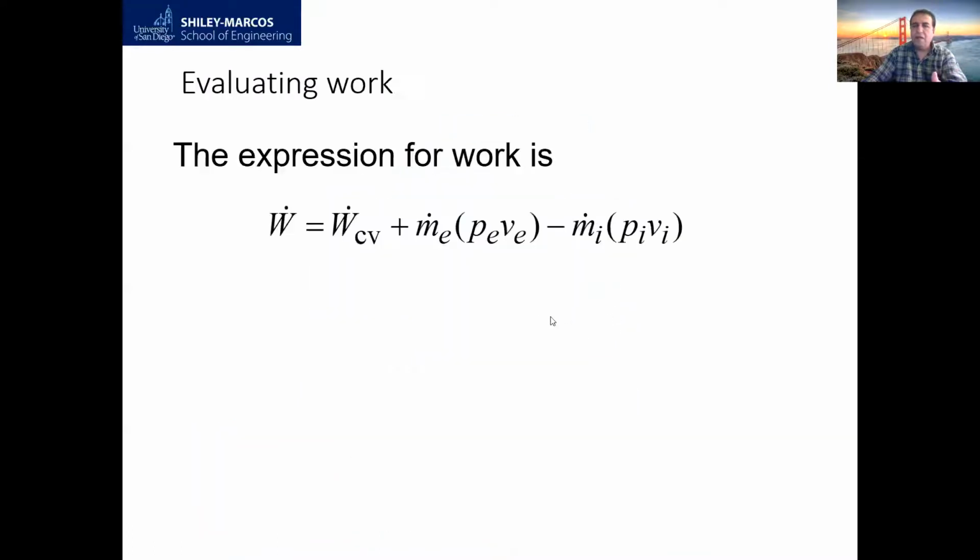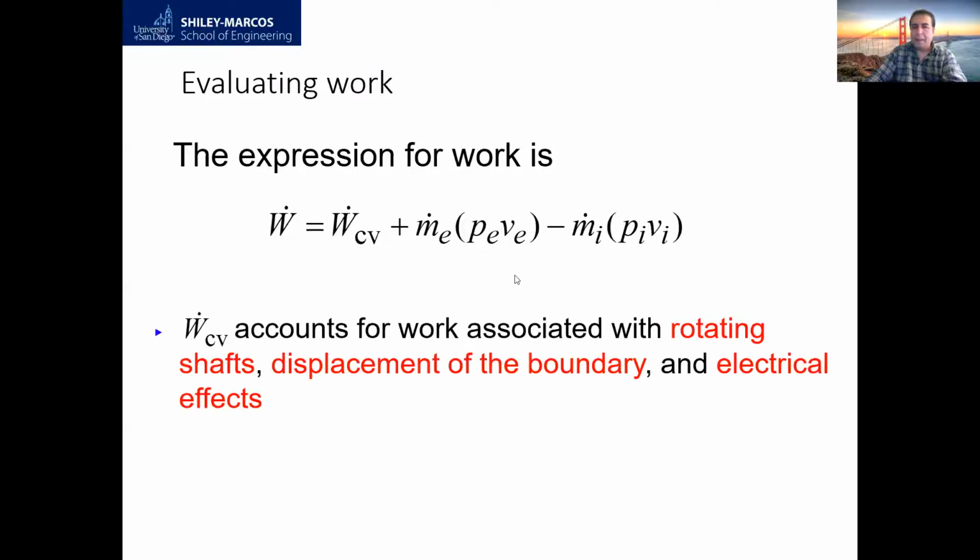All right, so the expression for work is given as such. The work due to the control volume, or maybe you have a propeller or a device that is going to add energy by doing work to the system, we call W dot CV, within the control volume. And then m dot e at the exit, the mass flow rate, and the pressure at the exit and the specific volume, minus m dot i Pi vi.